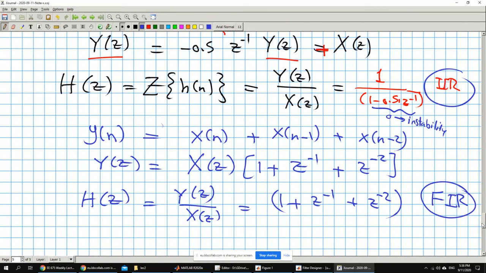But actually the transient in the IIR theoretically doesn't end, okay? Because the impulse response is infinite, but practically you're going to see a very similar effect to what you see in the FIR because of very small values. Very small values are very trivial. You're not going to see them on your signal.